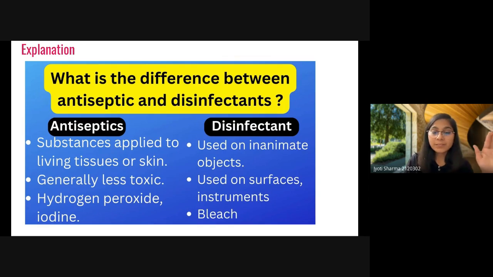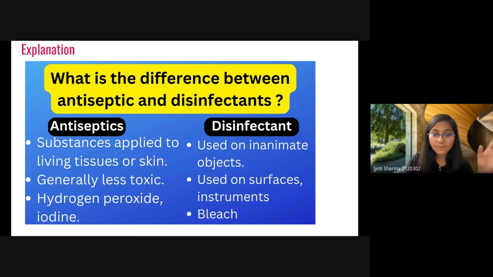So antiseptic is the substance that we can apply on the living tissue or on the skin. But the disinfectant we can use on some non-living objects, or on some surface or on some instrument. For example, we can use the bleach, but this bleach will be very toxic for the living tissue, or for the living skin.